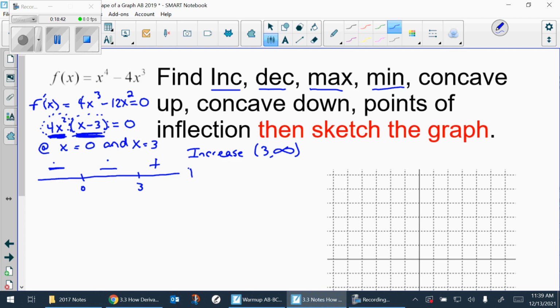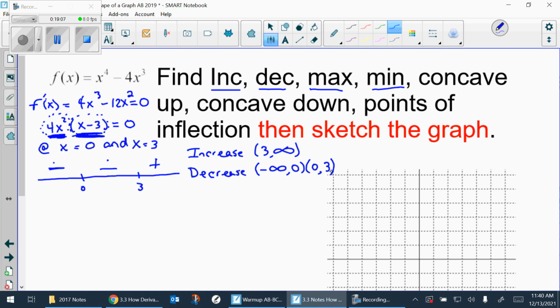And I'm wondering, where does this function decrease? I'm thinking that starts at negative infinity and goes until 0, and then just the other side of 0, all the way up to 3. That's where the derivative is negative.